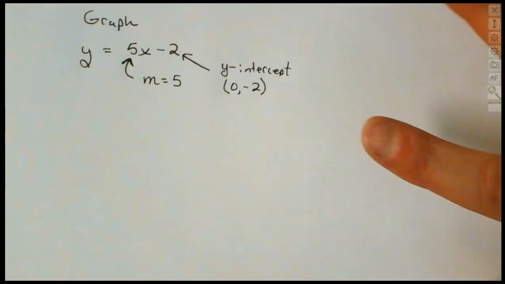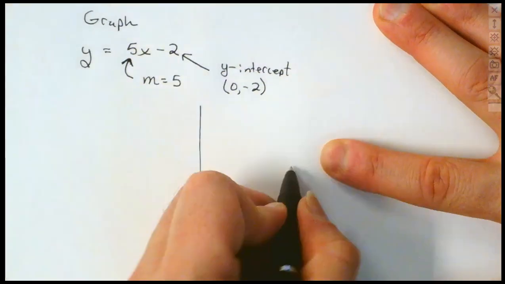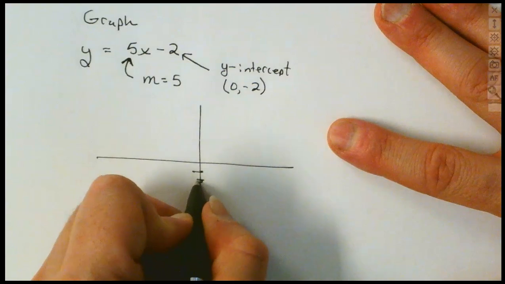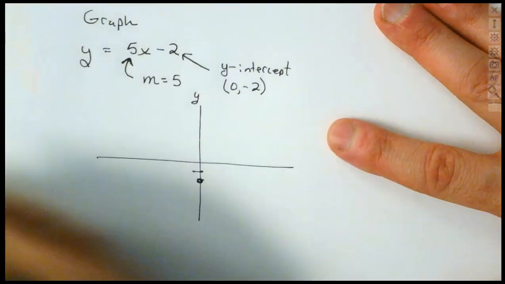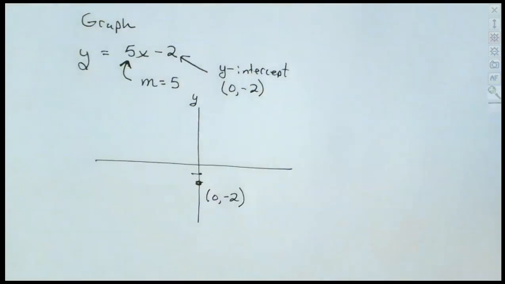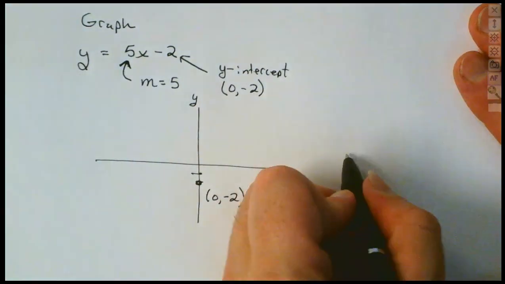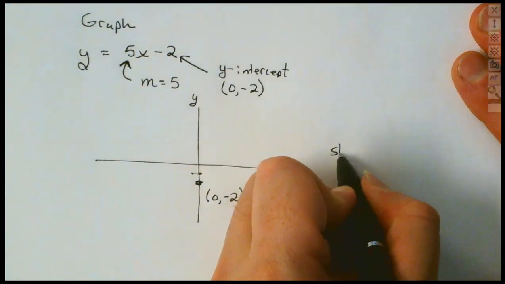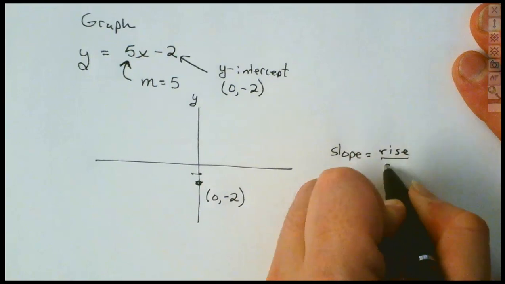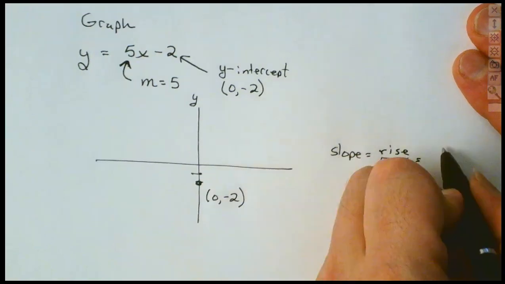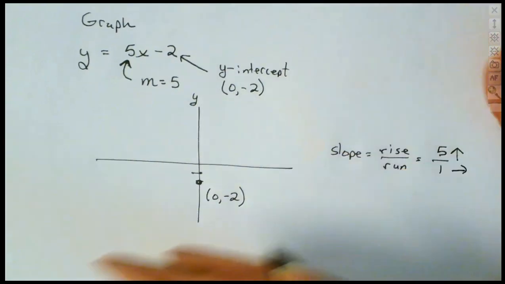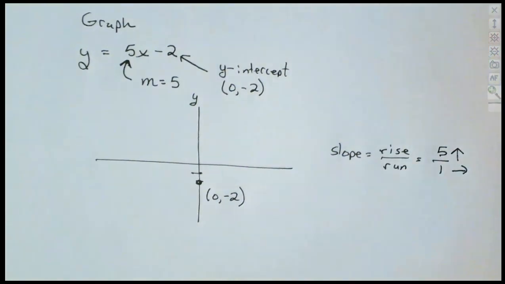So we plot our point. 0, negative 2 is going to be down 2 units on our y-axis. So it's down 2. And then what's our slope? Our slope is 5, and your slope is rise over run. And so that's going to be 5 over 1. It's positive, so we go up 5, and then over 1 unit.